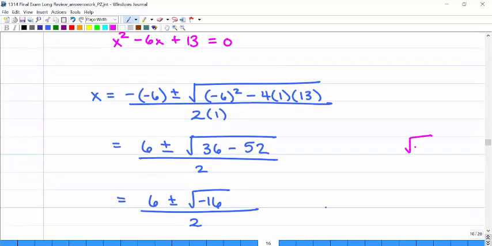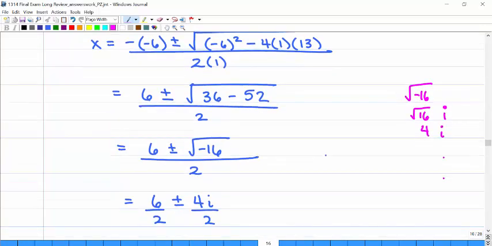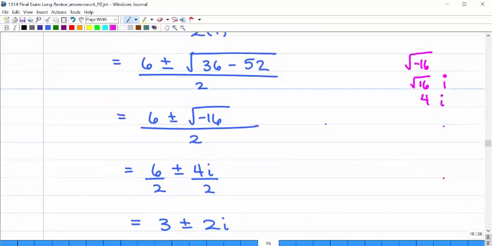Recall that for the square root of -16, to take the negative away, I need to pull out an i. So I get the square root of 16 times i, which is 4i. So I get 6 plus or minus 4i all over 2. So I put both terms over 2, which simplifies to 3 plus or minus 2i.